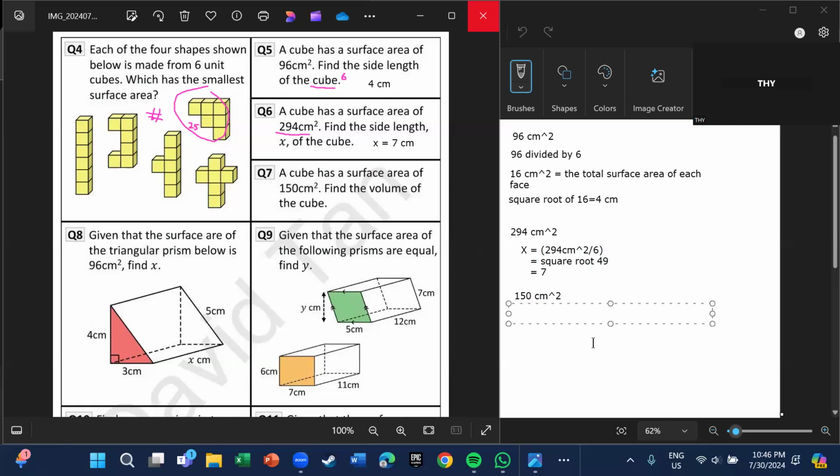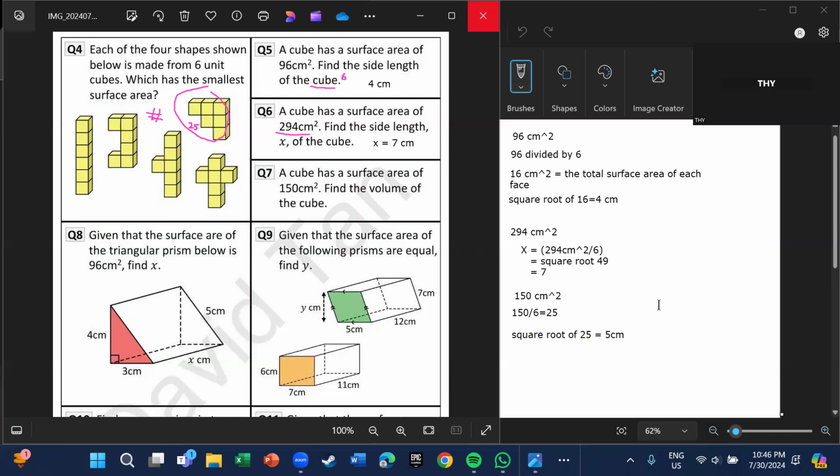So same thing, 150 divided by 6 would give us 25, and then the square root of 25 is 5 centimeters.